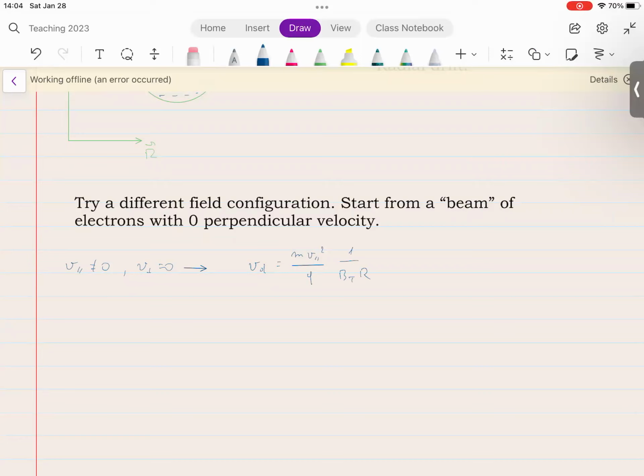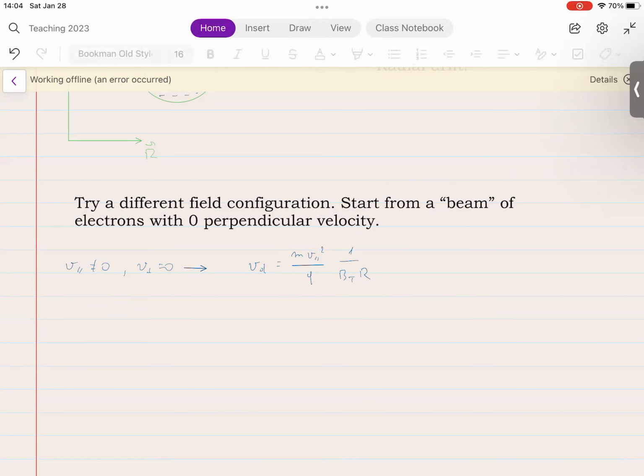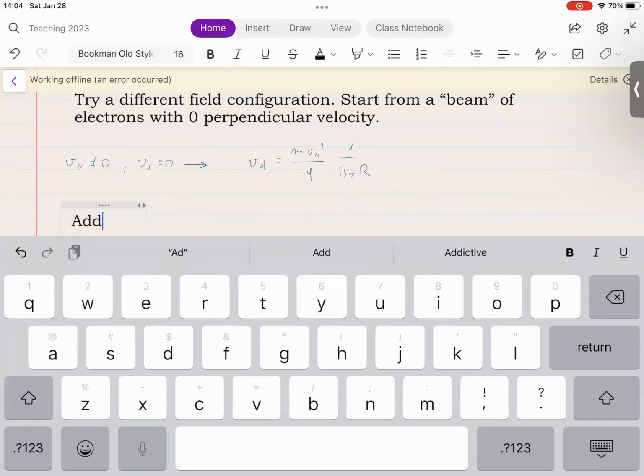So that's a velocity in the vertical direction. So I could add a z component of the field, and that's somehow going to fix things. Let's see how that works.